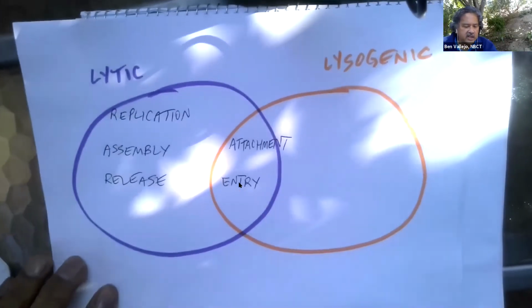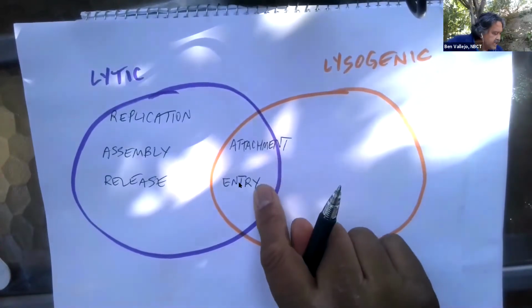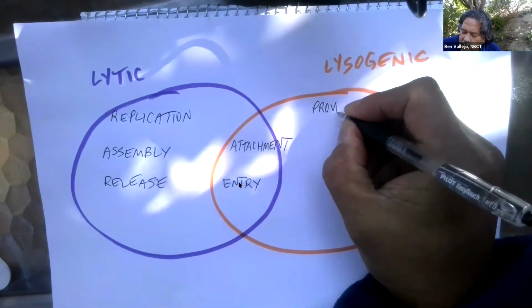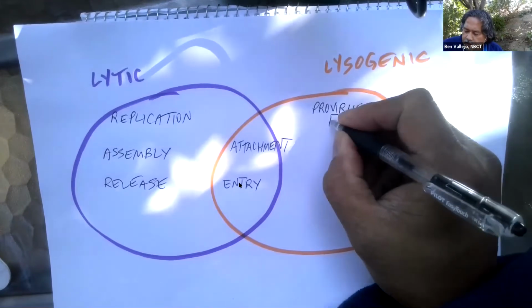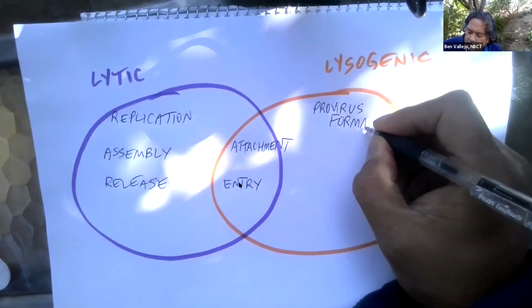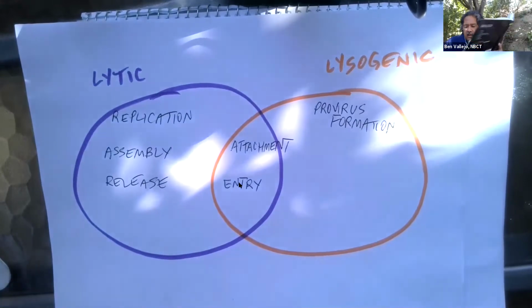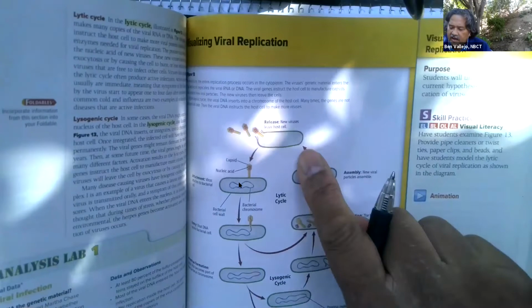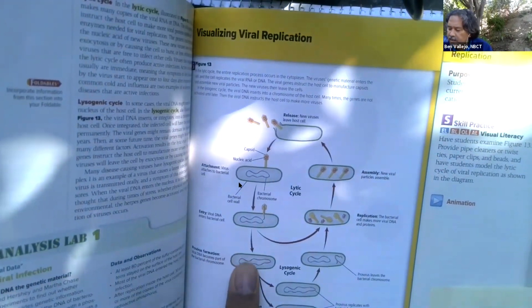Now let's do the lysogenic cycle. The lysogenic cycle also has attachment and entry, and after that, it goes to provirus formation. Okay, so over here, what you have is attachment, entry, and then right here is provirus formation.